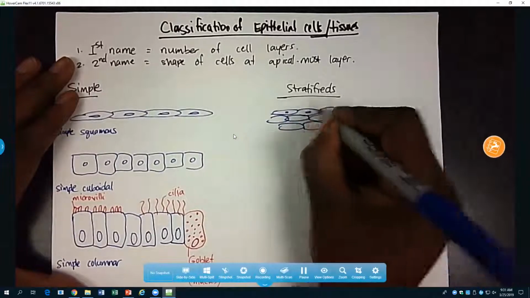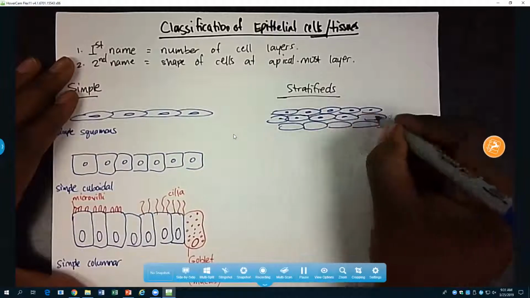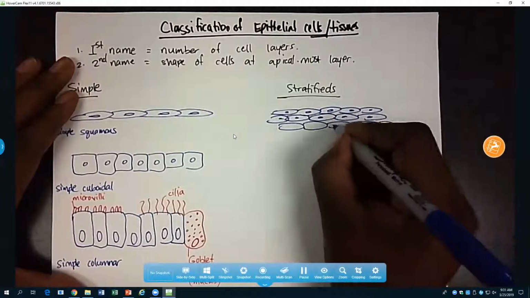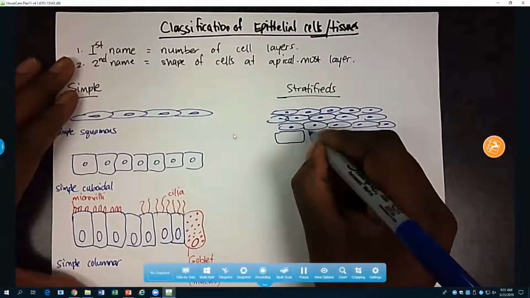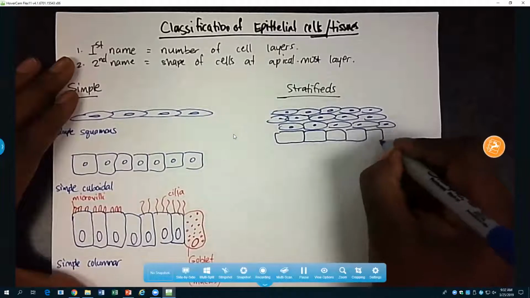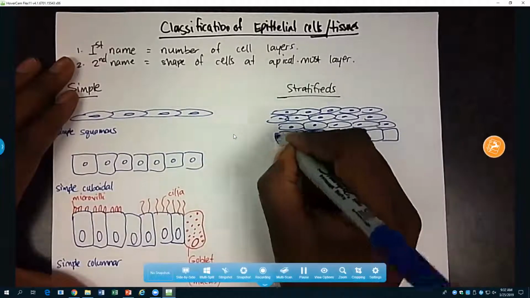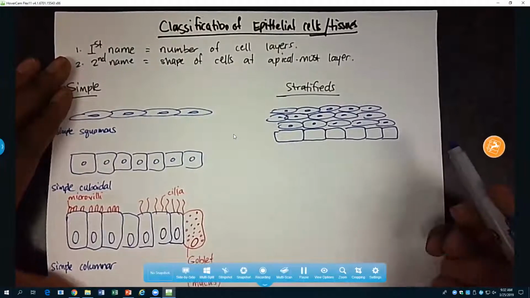Again, their nucleus is going to be flattened, just like the cell. But at the basal layer of stratified squamous tissue, there are actually cuboidal cells down here. And these cuboidal cells are responsible for the regeneration of these flattened cells at the top.